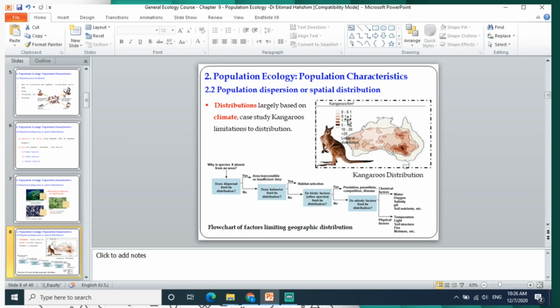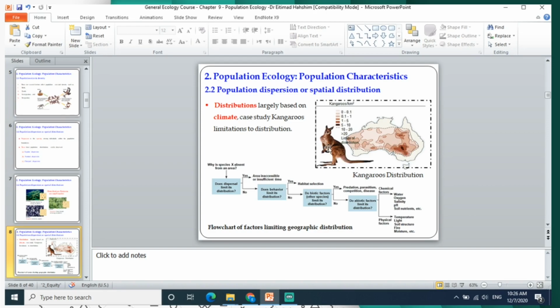Here the key shows the density of kangaroos in Australia. The area with lighter or white color is inaccessible for kangaroos, and the area with dark brown is the one that is accessible for it. So why?